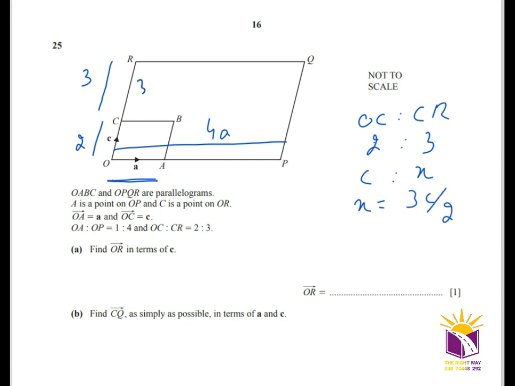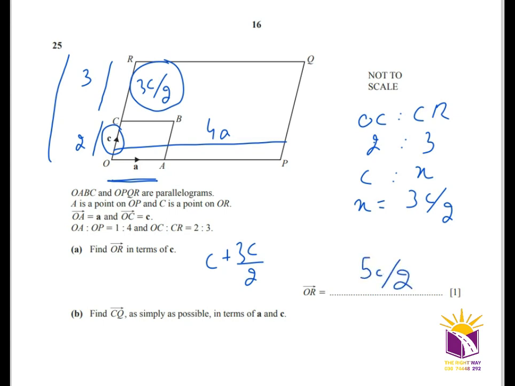So this is 3c by 2. Now you have to find OR. For OR, from O to R, this will be c plus 3c by 2, and it will be equal to 5c by 2.